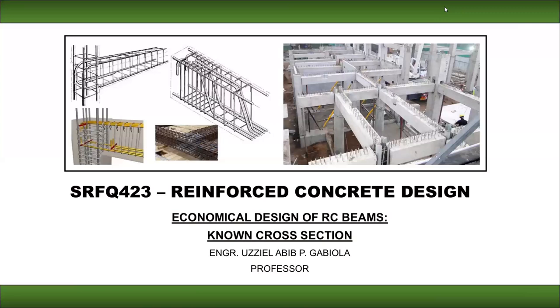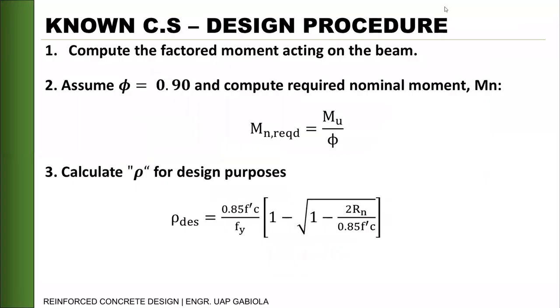on our beam. Okay, so the same as last time, we outline yung mga steps na gagawin natin for this procedure. So number one is to compute yung factored moment natin acting on the beam, meaning we need to calculate Mu based from the applied loadings that we have and using the load combinations that will govern for our beam.